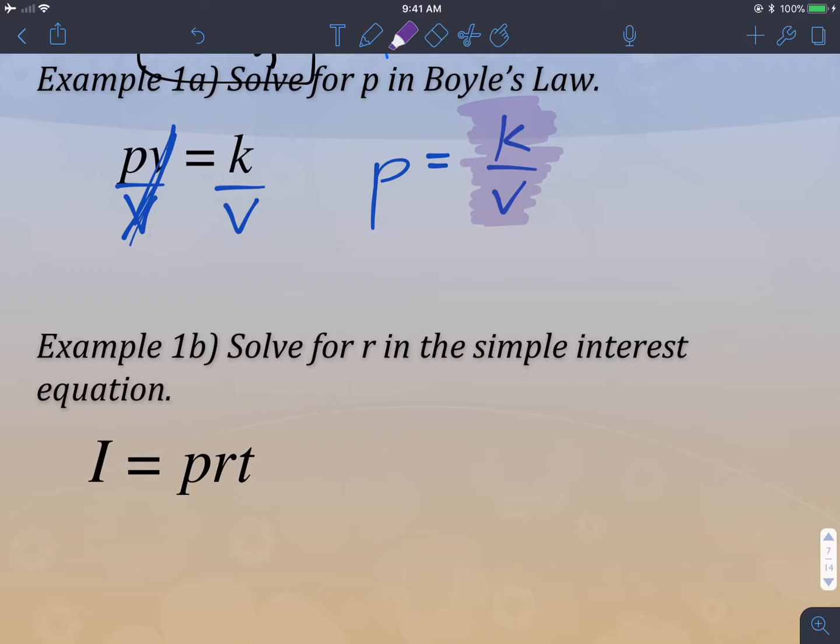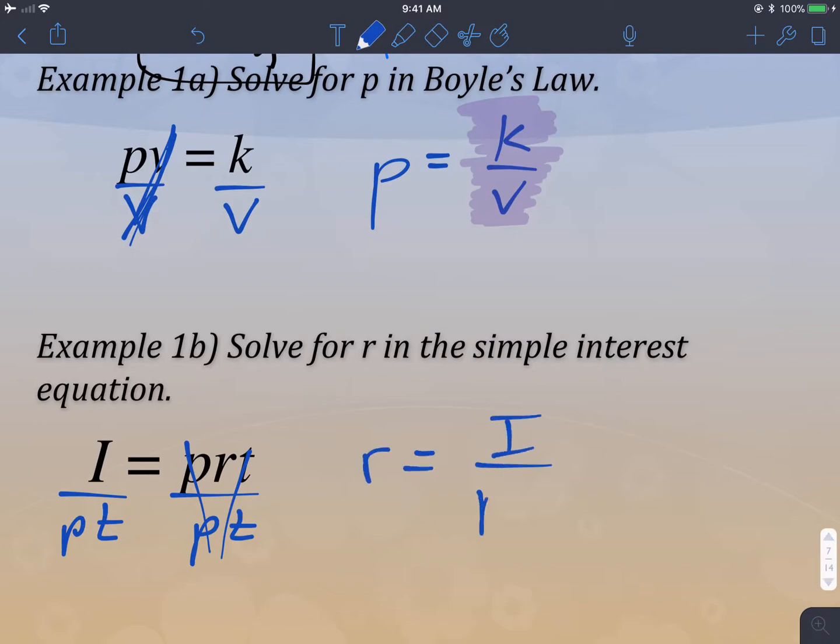Divide both sides by P and T, that's exactly right. We could even do it at the same time. So it would literally be R equals I over P times T. Exactly. So you've got to do them both at the same time.